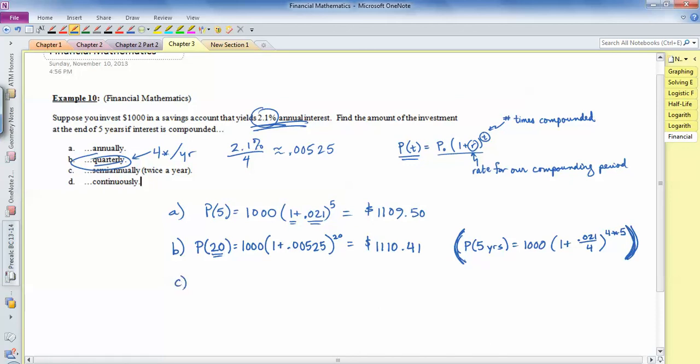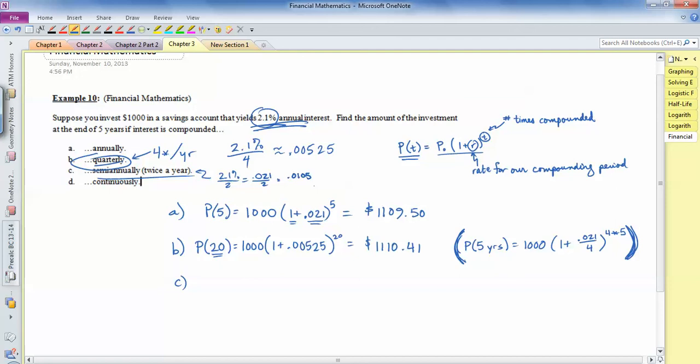Okay, in part C, it's semi-annually, twice a year. So that's going to be 2.1% or 0.021 divided by, whoops, not 4, 2 to get my semi-annual compounding rate. So that's 0.021 over 2. So that's going to be 0.0105. So it's 1.05%.